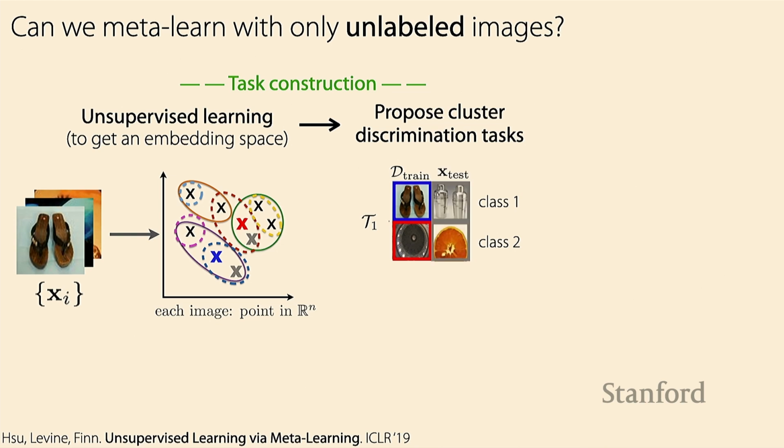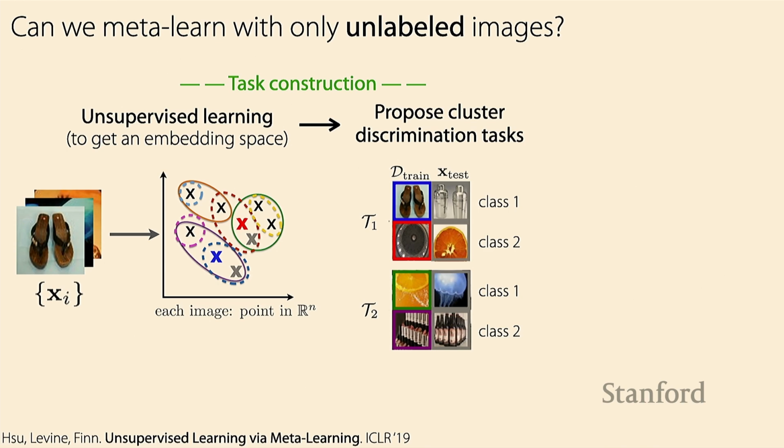Once we want to sample another task, we can simply sample another set of clusters, like the purple cluster and the green cluster. These are two-way classification tasks. If we wanted to do an n-way classification task, then we can sample n clusters and discriminate between examples from those n clusters.